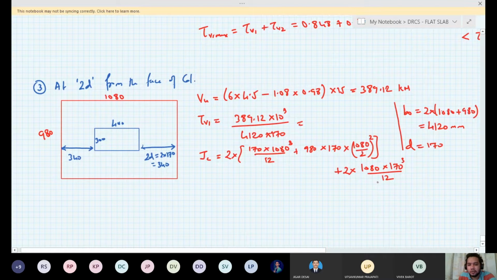So how much is this value? And then the c will be 1080 by 2, it will be 540.